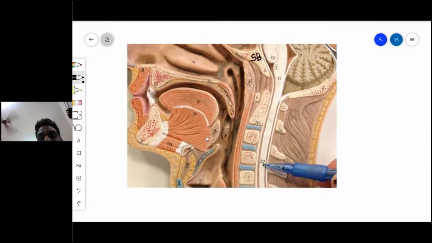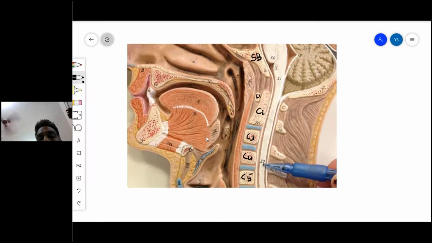And C1, C2, C3, C4, and C5. Up to C5 cervical vertebrae we can see in this picture. Anteriorly we can see the nasal cavity, oral cavity, and laryngeal inlet.